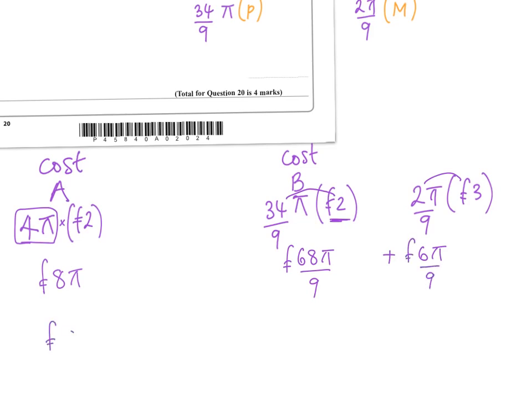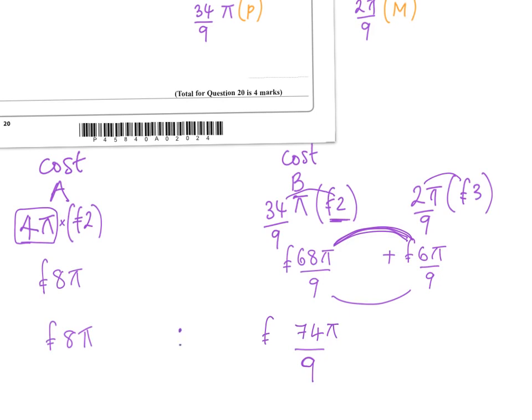So the cost here stays the same, nothing can be cancelled there. But what about this? Well, we have a common denominator of 9ths, so let's write that there. And we're looking at pounds, and then we have 68 and 6, which is 74 pi altogether.